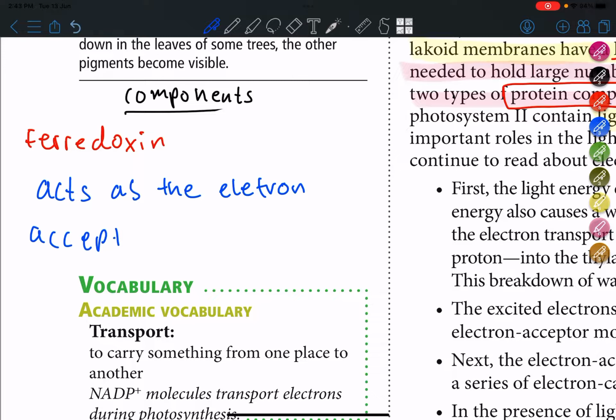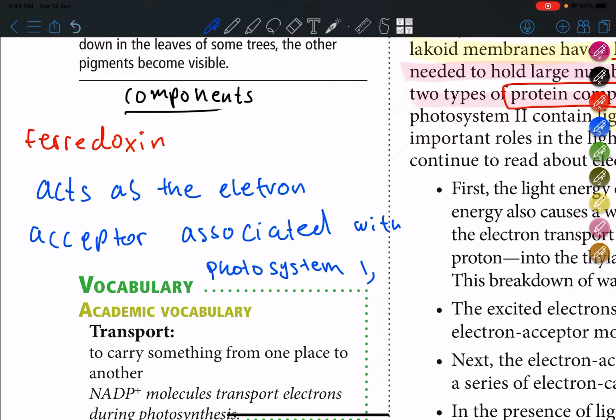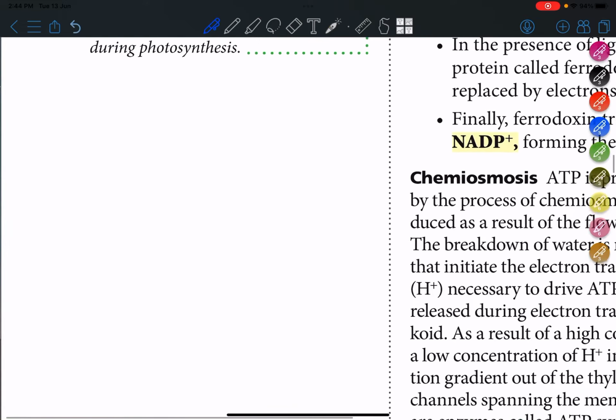And now we know what an electron acceptor is. An electron acceptor associated with photosystem 1. Cool? And then the last thing we have is ATP synthase.